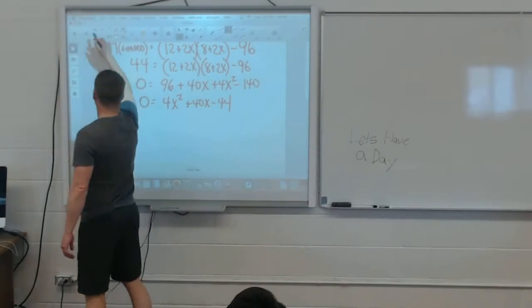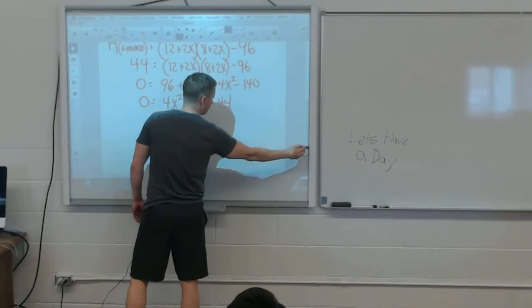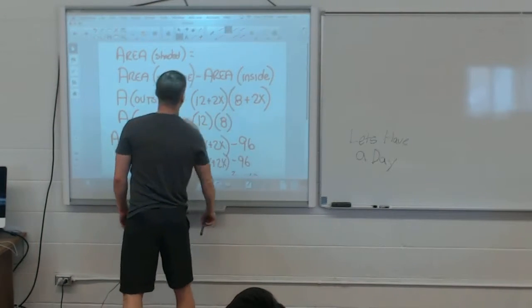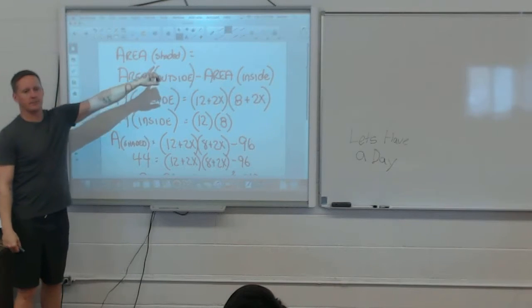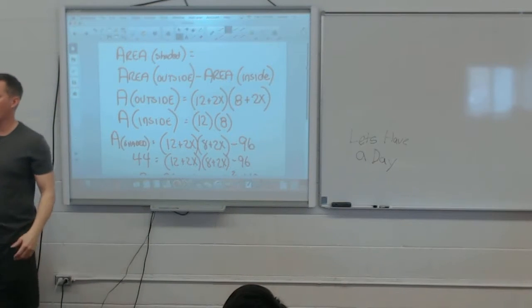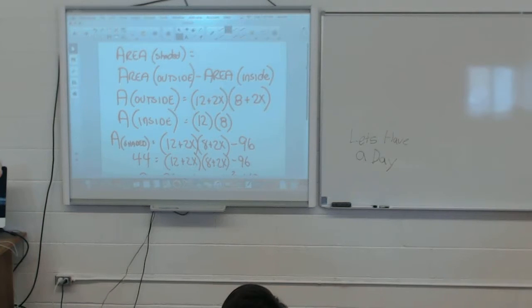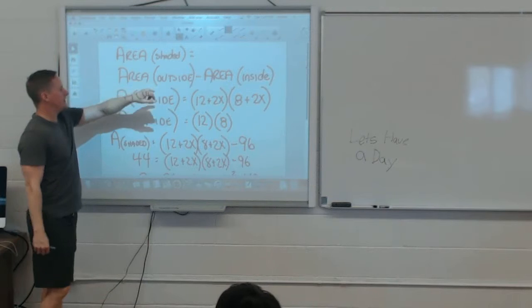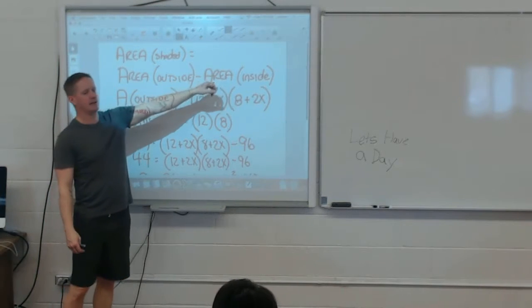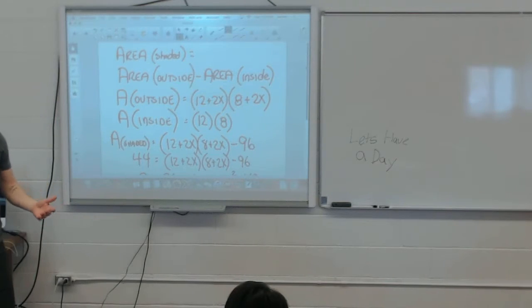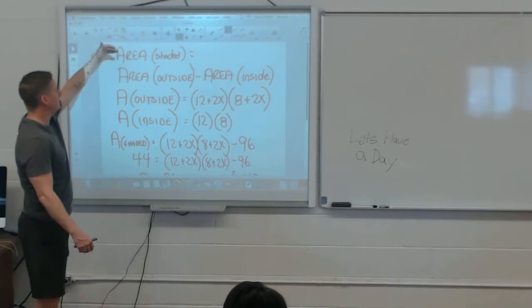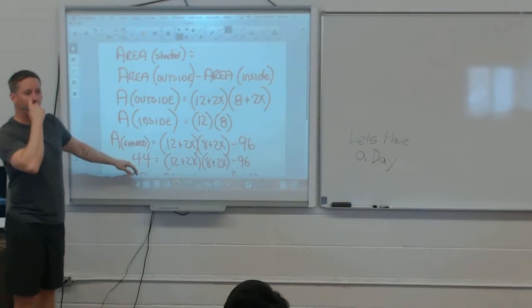Alright, so let's go back up now. I started the whole question by figuring out how do I manipulate this question to be able to solve it. Area of the shaded equals area of the outside minus the area of the inside. I just did that in words, just so that I understand what I'm looking for. Now, they gave me the area of the shaded, it was 44.